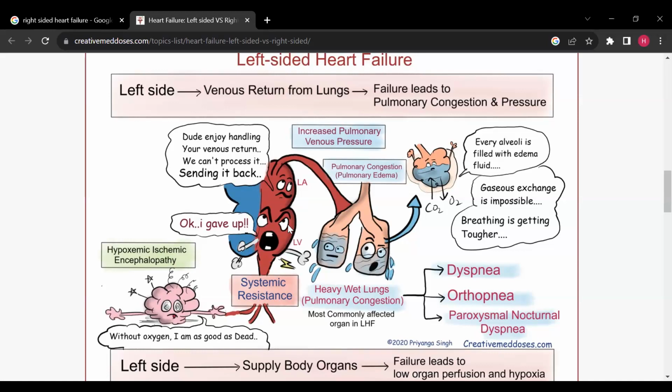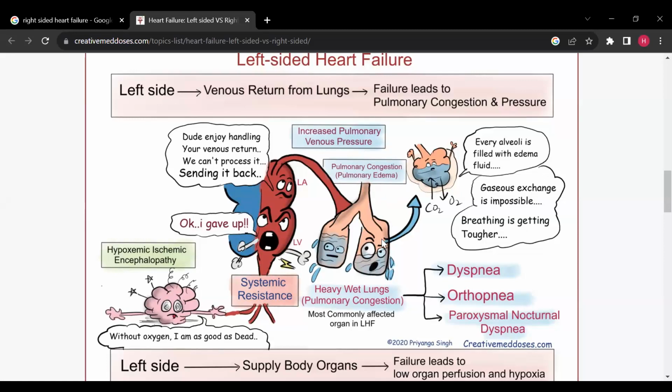Because it's left-sided heart failure, you see pulmonary symptoms: increased pulmonary venous pressure and pulmonary edema, because all that blood is going to the lungs and not out to your body.